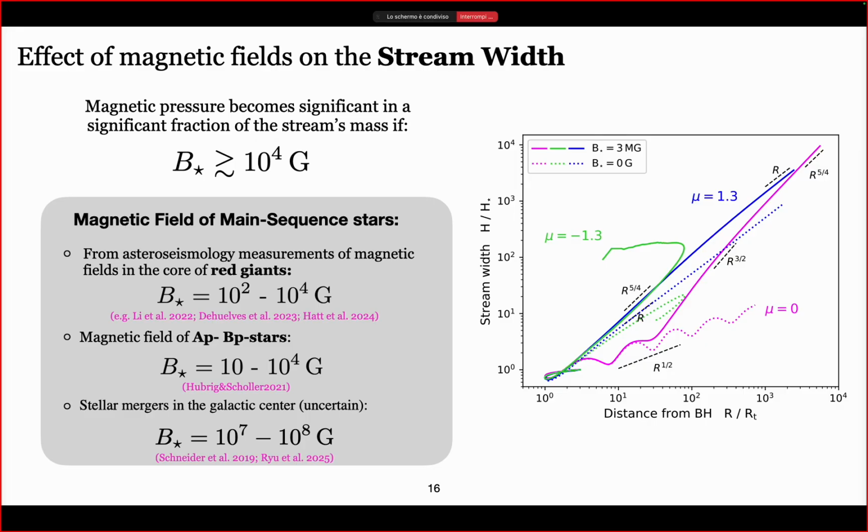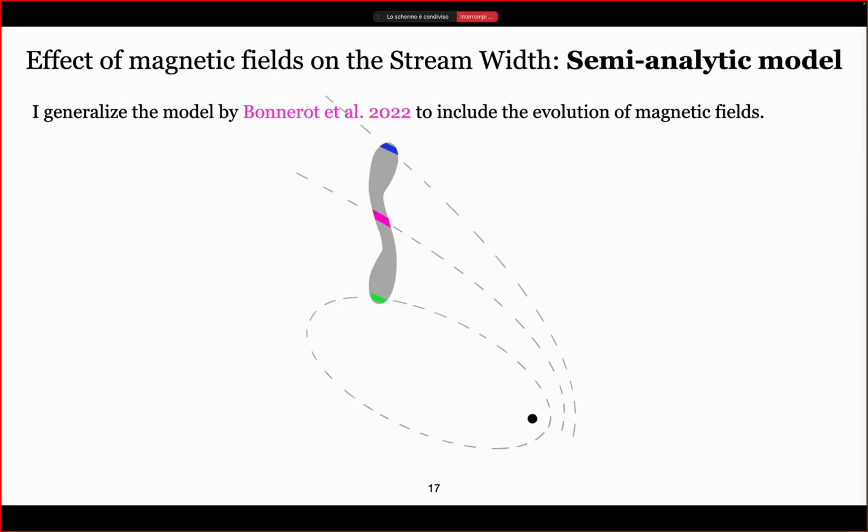To be able to explore the parameter space, we also looked at this problem with a semi-analytic model. This model is based on a model that was developed by my supervisor, Clement, and what I did was to include magnetic fields into the model. So how does it work?